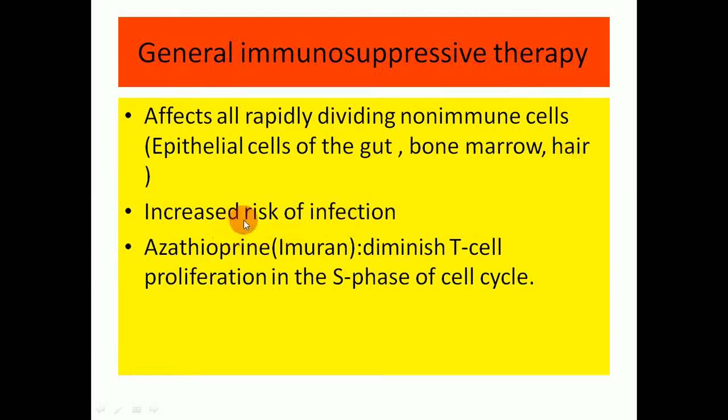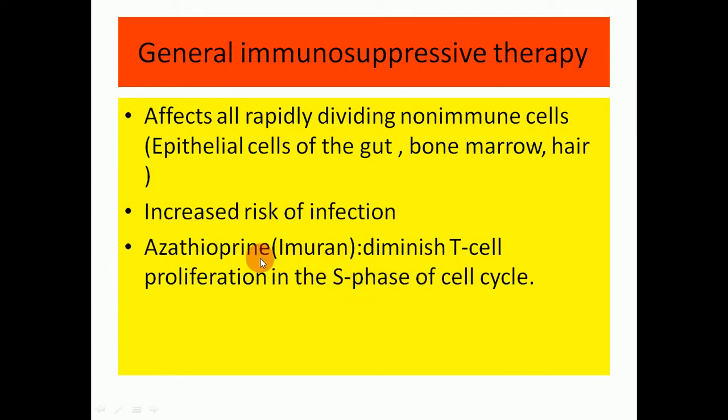And this leads to increased side effects and increased risk of infection. And the best immune suppressive therapy is azathioprine, Imuran, whose mechanism of action is to diminish T cell proliferation in the S phase, the synthesis phase of the cell cycle.